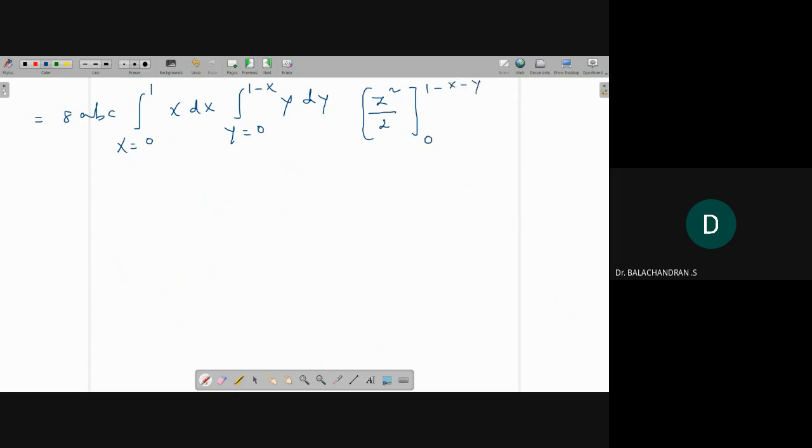So 1 by 2 is constant. So 4ABC, x varies from 0 to 1, x dx, y varies from 0 to 1 minus x, y dy. Upper limit is 1 minus x minus y whole square into dy.